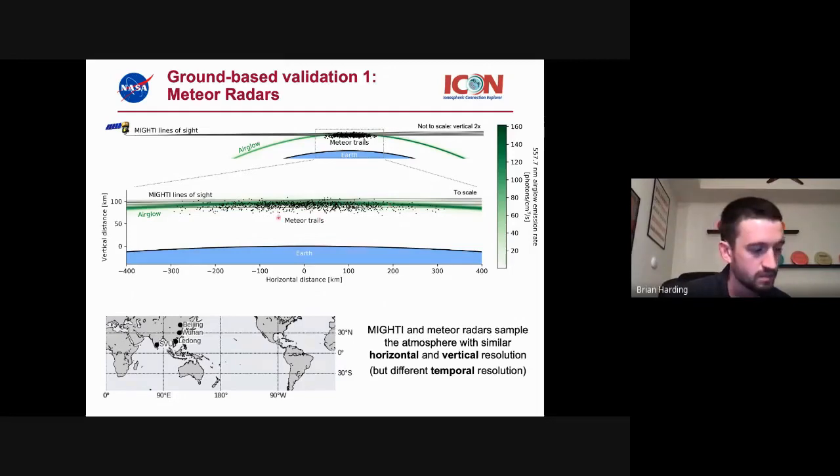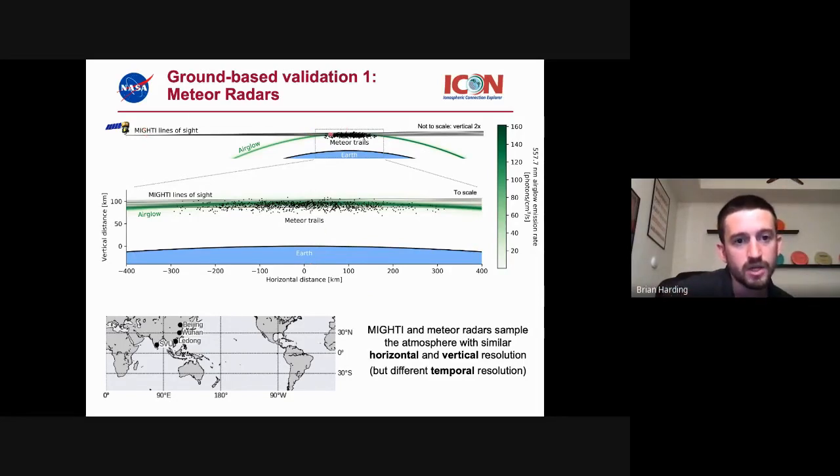The data set I'm using here, the averaging is about an hour, whereas MIGHTY flies over the site in just like a minute or 30 seconds. So these observation modalities have very different temporal resolutions, but they have somewhat similar spatial resolutions. The vertical resolution is almost exactly the same, and the horizontal resolution is similar.